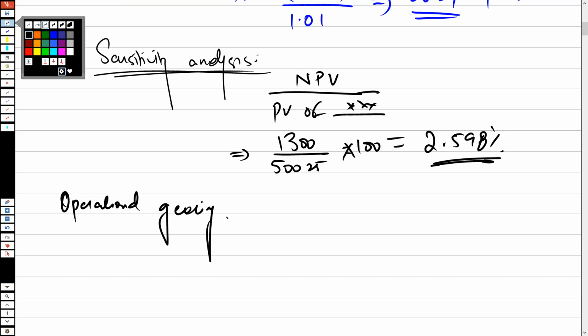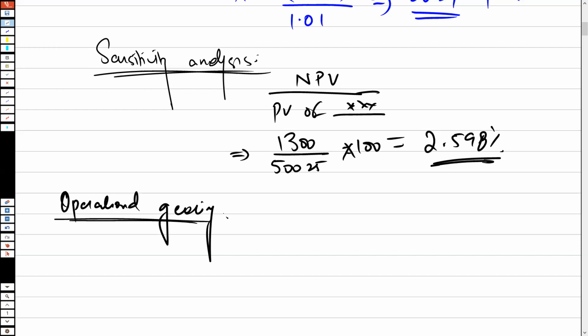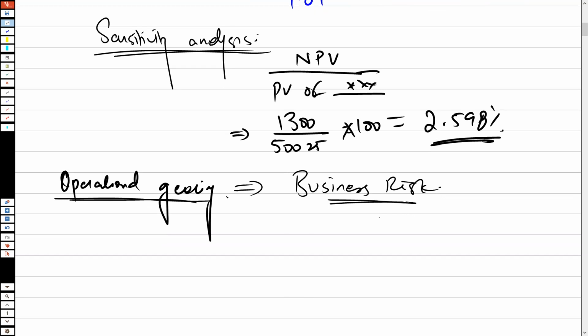The concept of operational gearing is that it actually tells you the business risk. I repeat, operational gearing actually tells you the business risk. There are different ways of calculating it. One of them is fixed cost divided by variable cost.